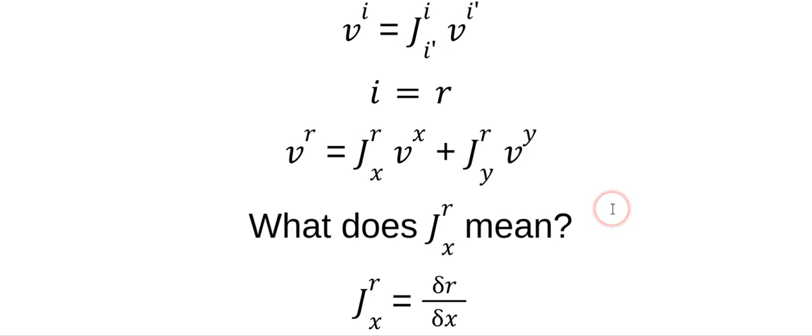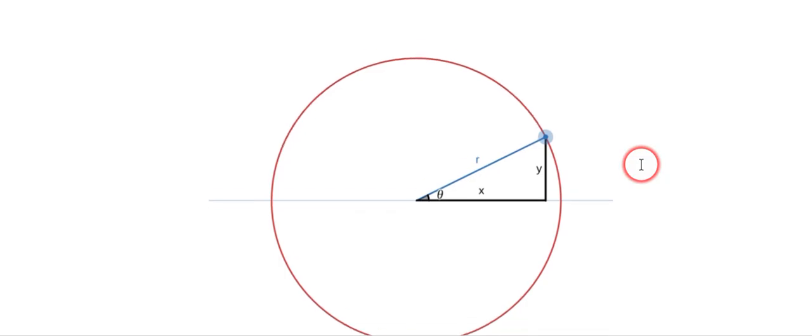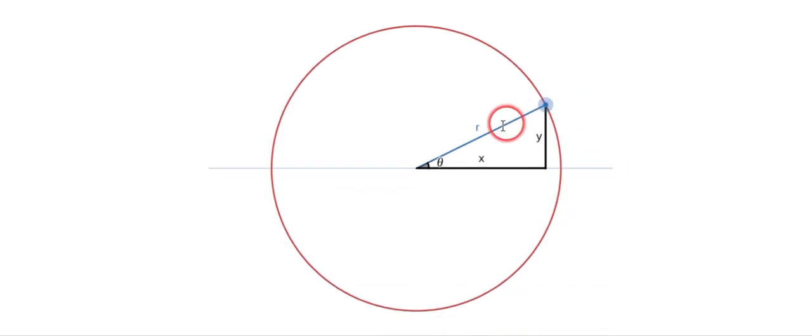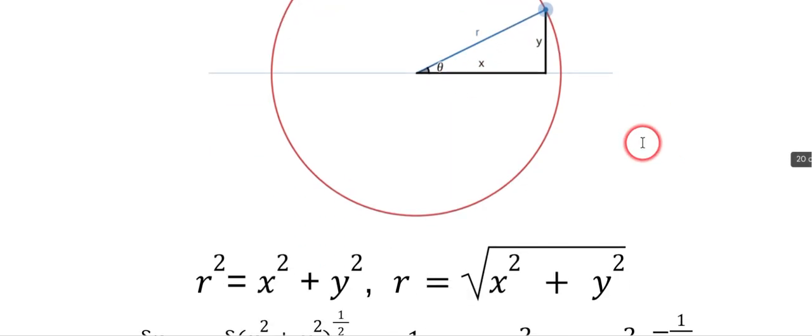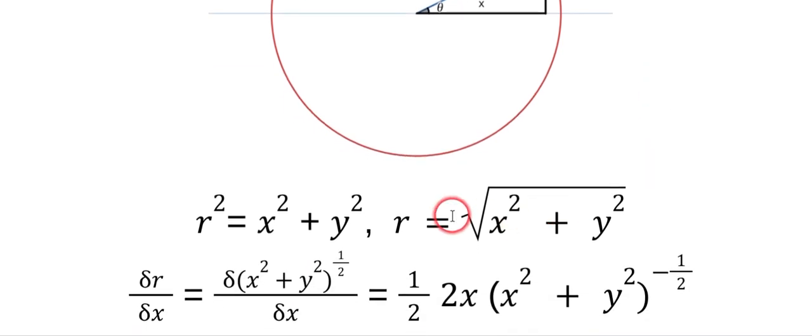All right. So what's r? Let's look at our drawing that we used in the video, right? So we have a circle which has a radius, and we can drop a perpendicular to this x axis. So this would have an x component and a y component. So using the Pythagorean theorem, x squared plus y squared equals r squared, right? So r equals the square root of that. So we have to take the partial derivative of this with respect to x.